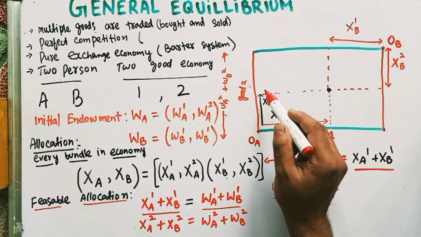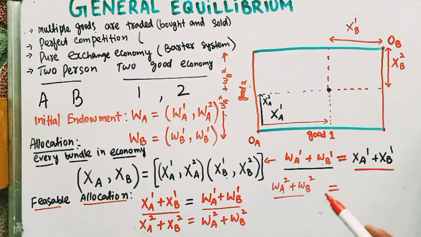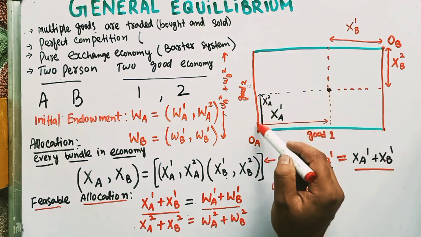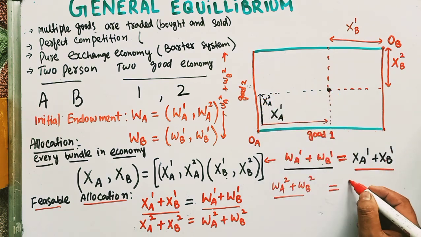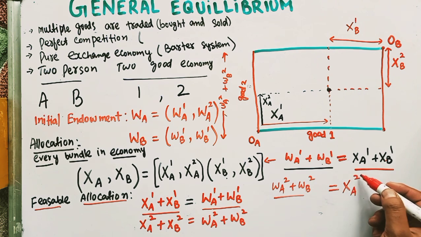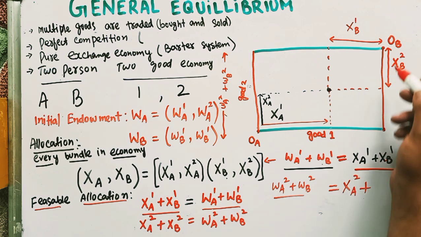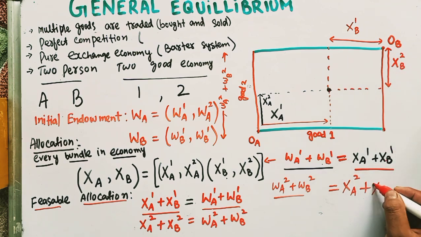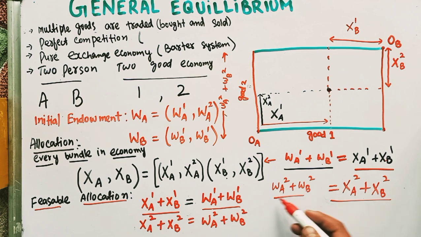Here we have XA2, the demand of good 2 by person A, plus XB2. Here you can also see supply is equal to demand.